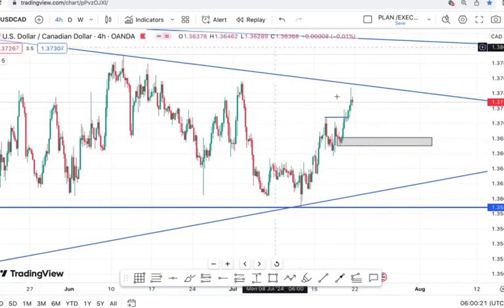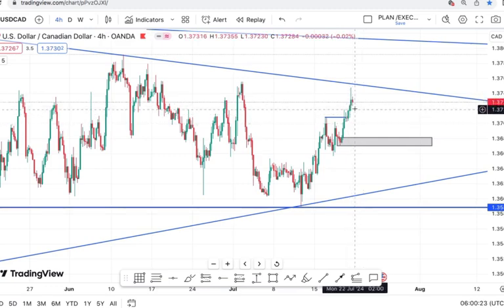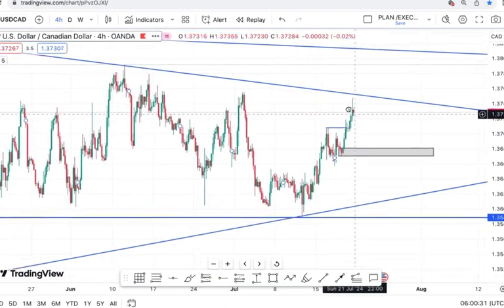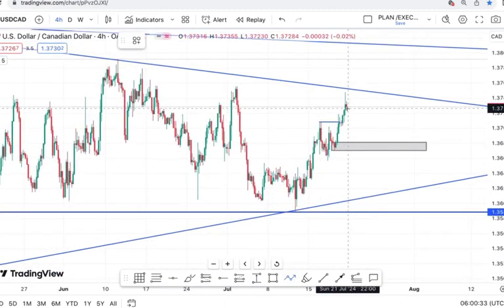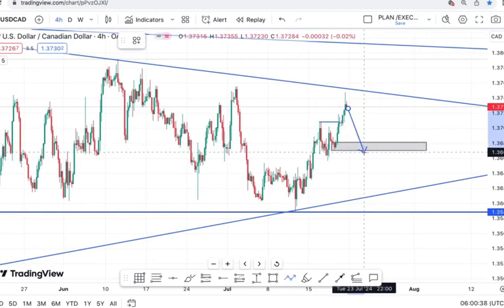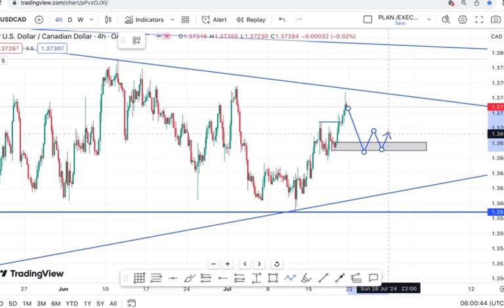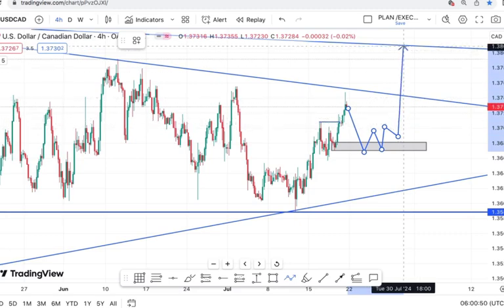For me, I'll be favoring sell in the early days of the week, maybe Monday, Tuesday. Let price move to the downside. I'll be favoring price to move down to this zone. At least this is a zone where I'll be taking any form of decision. So when I see a reaction, maybe giving us equal bottoms, taking out highs, I'll be interested in jumping into this market to take it to the upside.